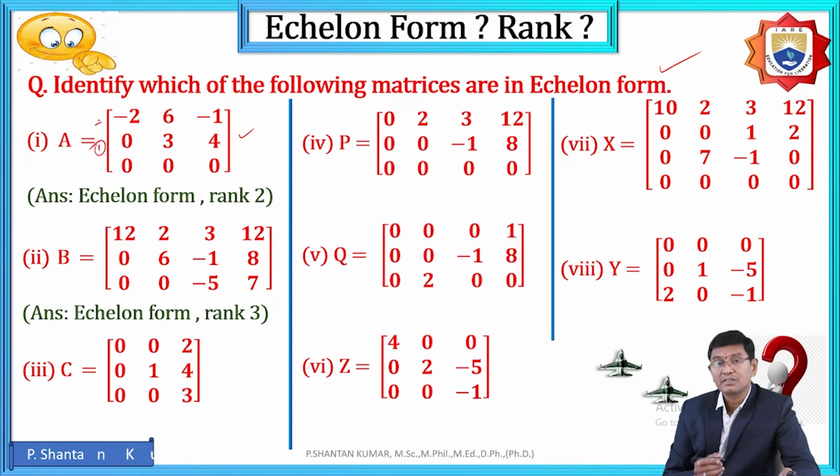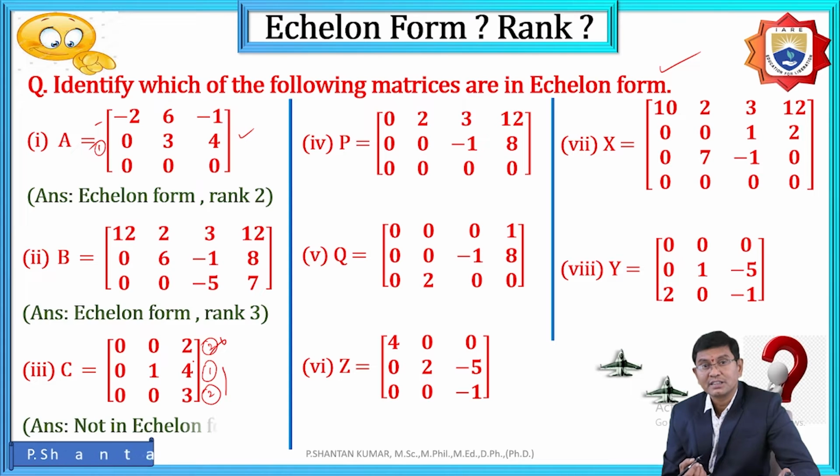The second condition is also not required here, and the third condition is not satisfied because before the non-zero number it is 2, then 1, then 2 again. While observing this matrix, it is not Echelon form because from bottom to top it does not satisfy the decreasing order. Up to here it is decreasing, but in this case it is not satisfied. Therefore, it is not Echelon form, and the rank is not identified.